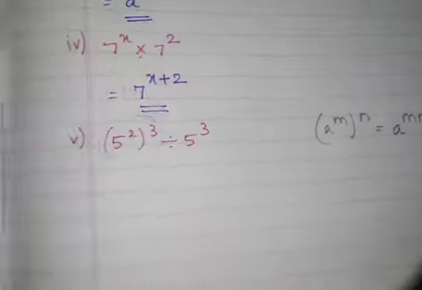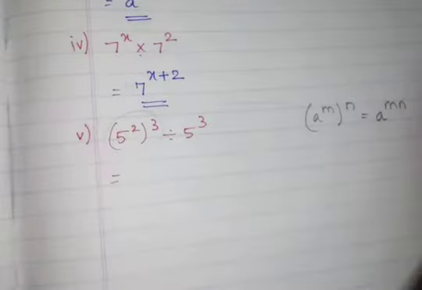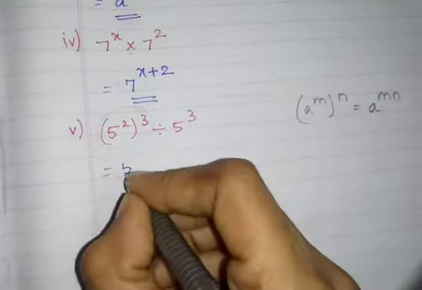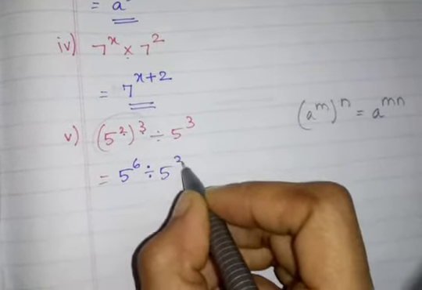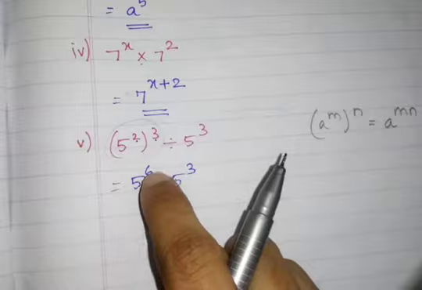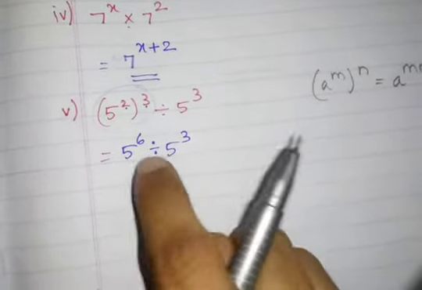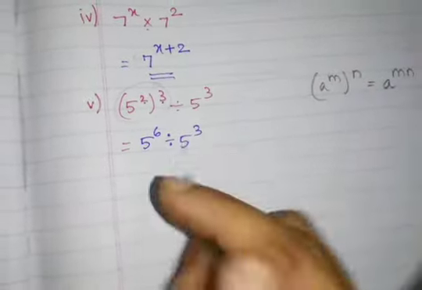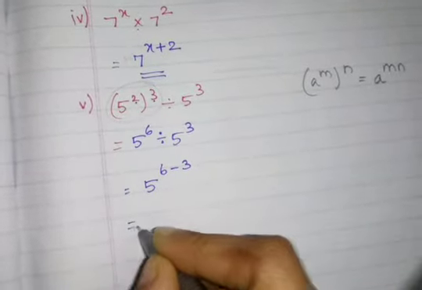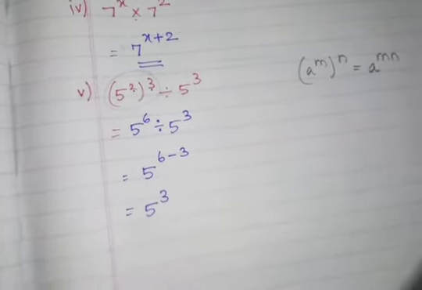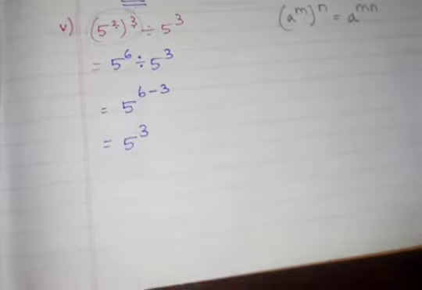So we can write this as 5 power 2 3s are 6, divided by 5 cube. Now both are the same base and division. So what will you do? 5 power 6 minus 3. So 5 power 6 minus 3 is 5 power 3. Next.